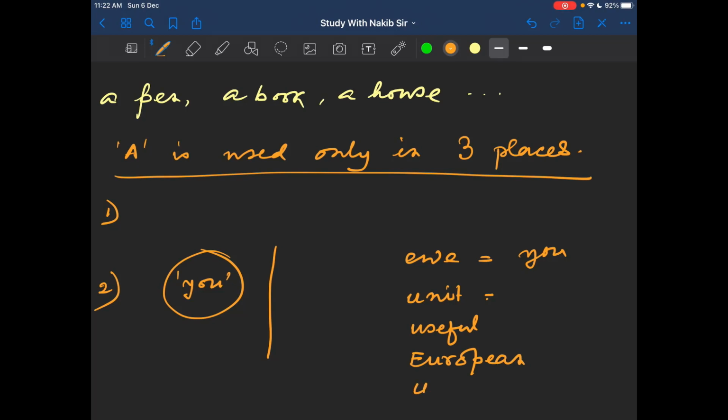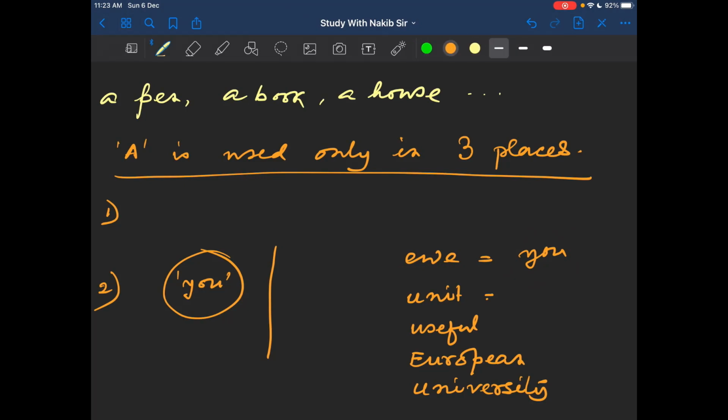Next one, university. Every noun begins with a vowel. Here it is E, here it is U, here it is U, here it is E and U, here it is U. So every noun here begins with a vowel, but the initial sound, the beginning sound, is U.